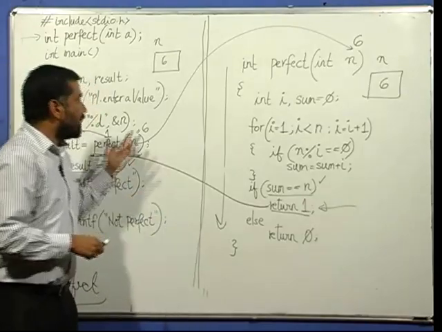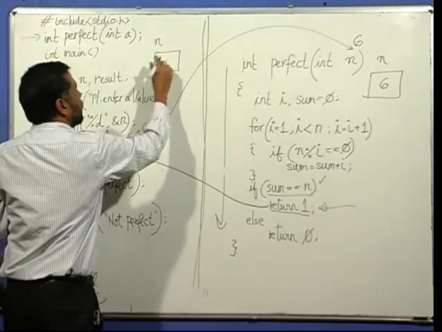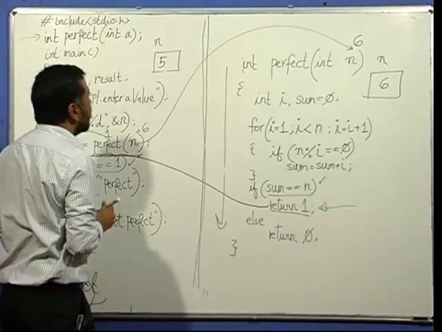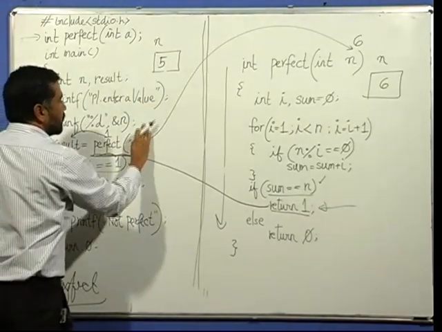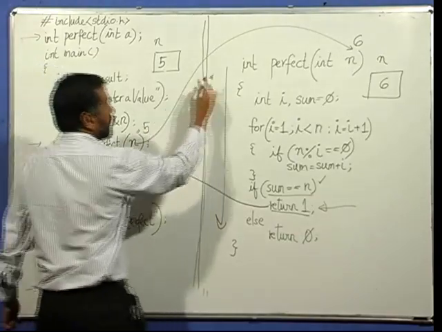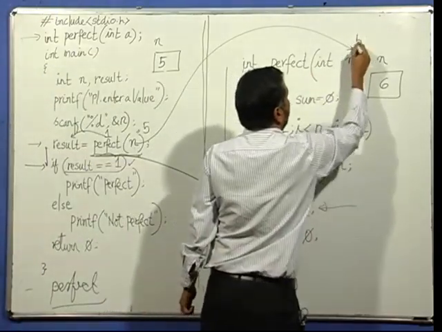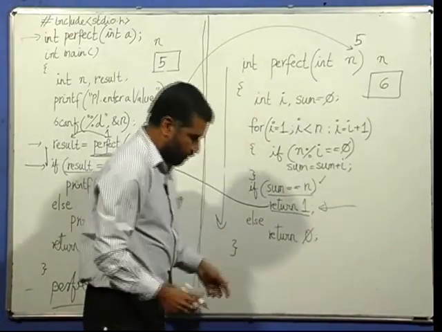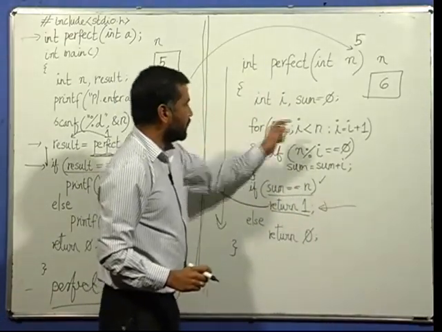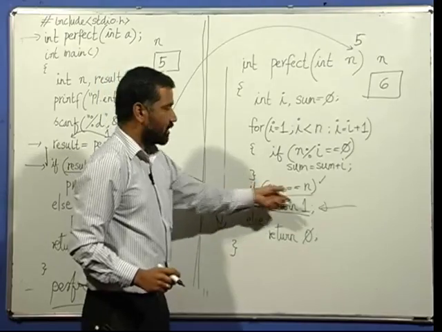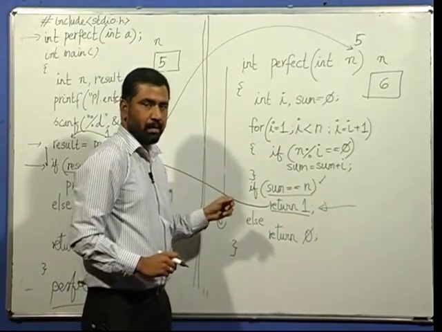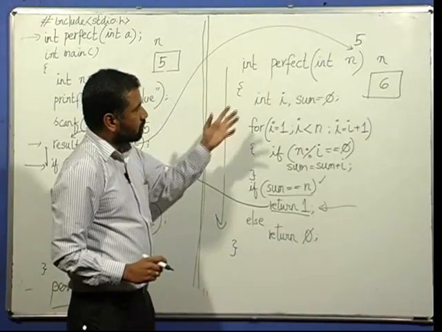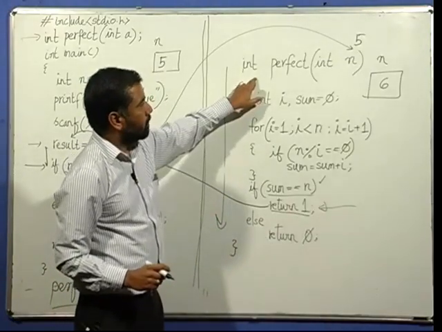So if any other value has been sent, for example, the user has input a value of 5, now we know what happens. It comes here, n is 5, 5 gets copied into n. We will know once this code is executed, the sum is definitely not equal to 5, because from 1 to 5, 5 is actually what you call a prime number.